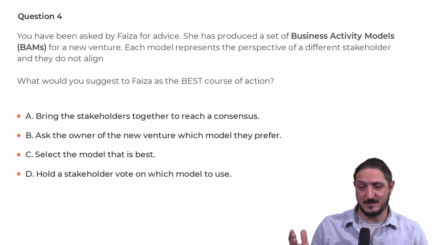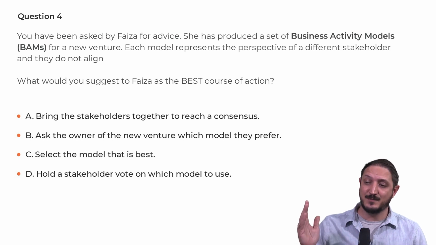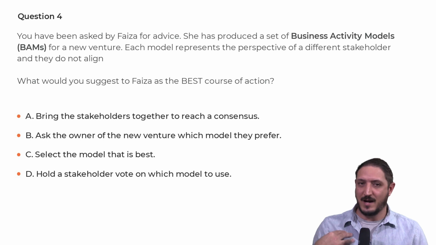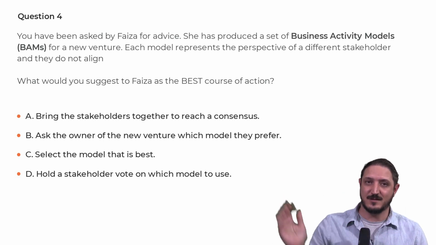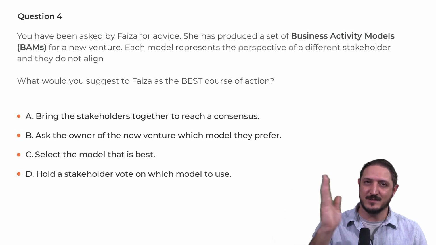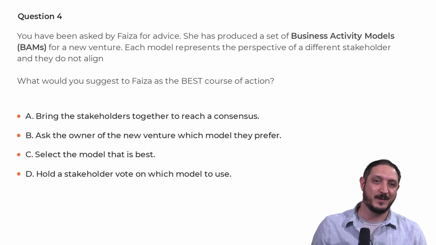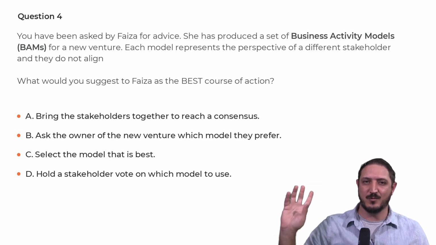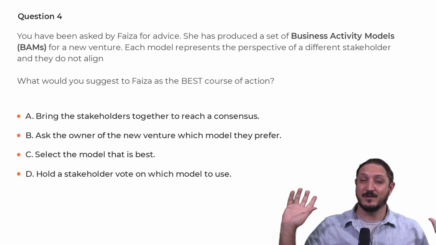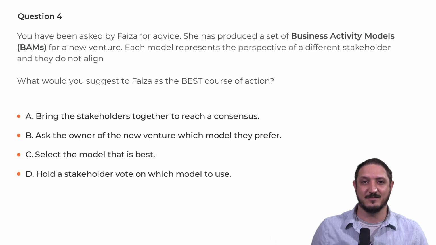And the third selection here, which says select the model that is best. Now, why should we as business analysts just literally decide, out of all of these different business activity models from different stakeholder perspectives and groups, that that's the best one? There may be really important features or important bits of information that we can gather from looking at other people's different perspectives.